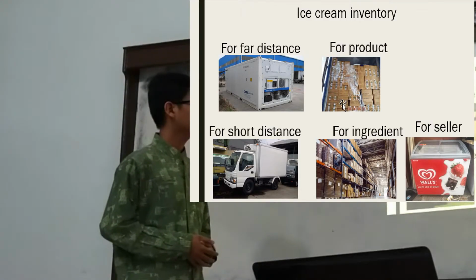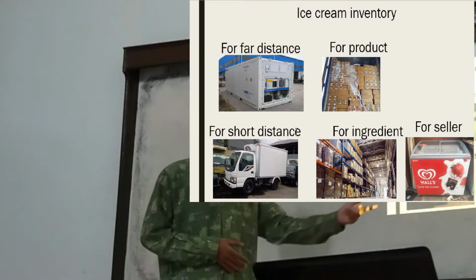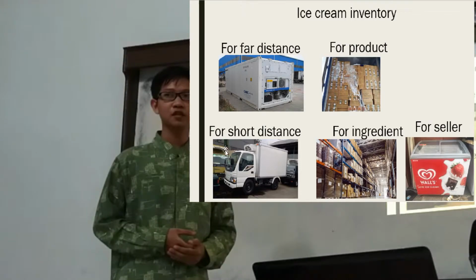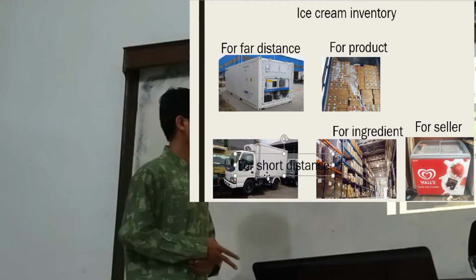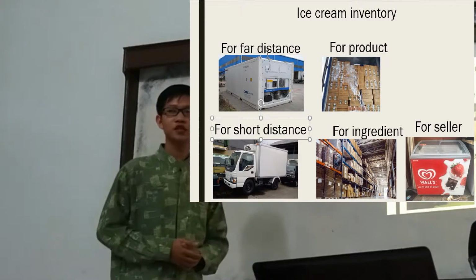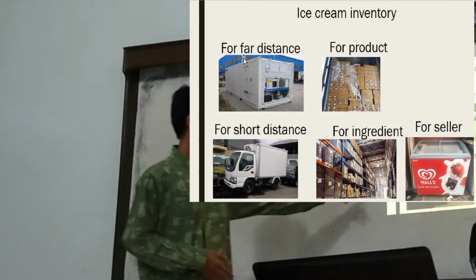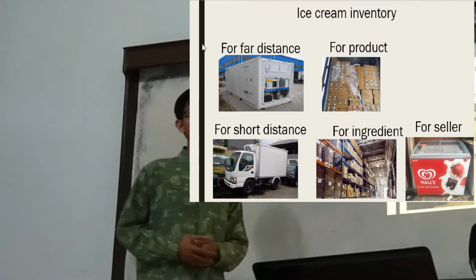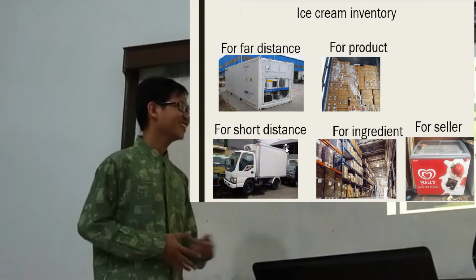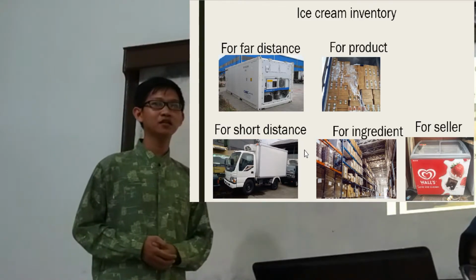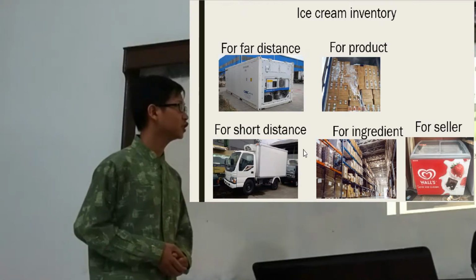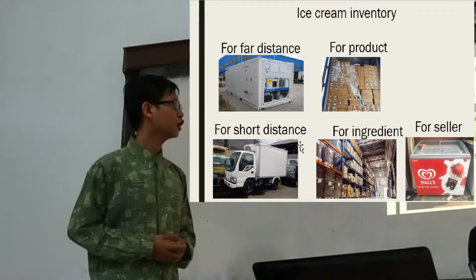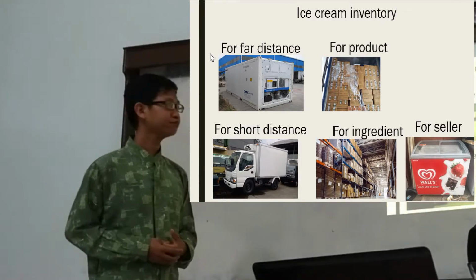And second, after the finished product is gathered, we need to transport it to the customer. But there are two types of transportation. This is the short distance. We can use a car. And the far distance, maybe in a foreign country or another country, we need to transport it with a ship.